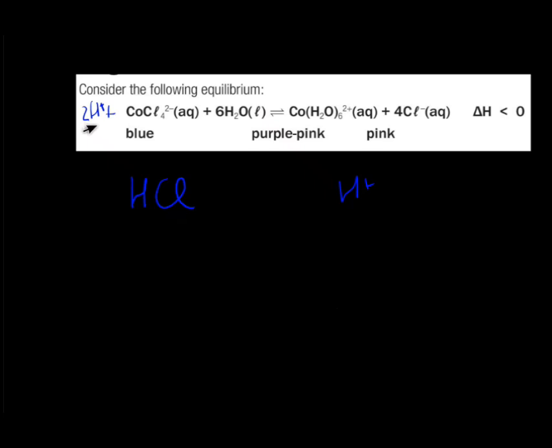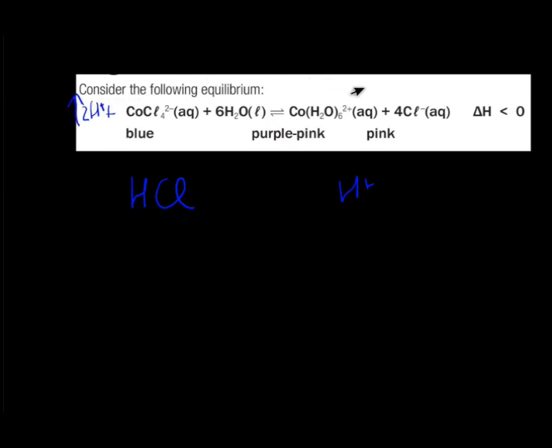So what happens when this is increased? You will tell them that the system will oppose the increase in H plus by favoring the reaction that uses it as a reactant. Notice whenever this is increased, the forward reaction uses this as reactants, right?